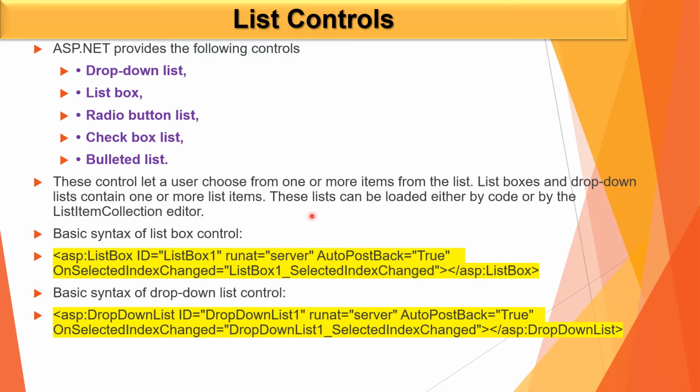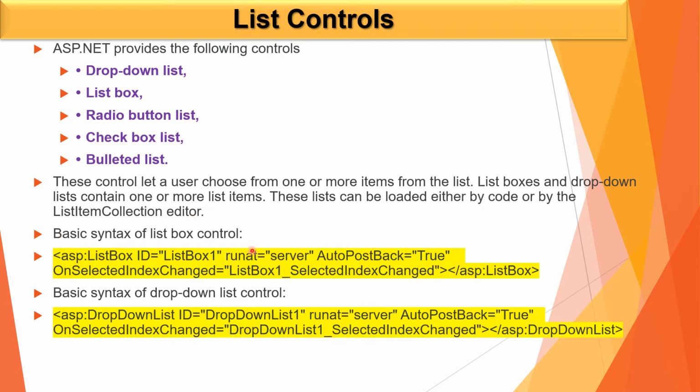So both ways you can add a number of items to the list controls. One way is through the source code, where we can add the list items, and the other way is the list item collection editor, which gives you the opportunity to add the list items.